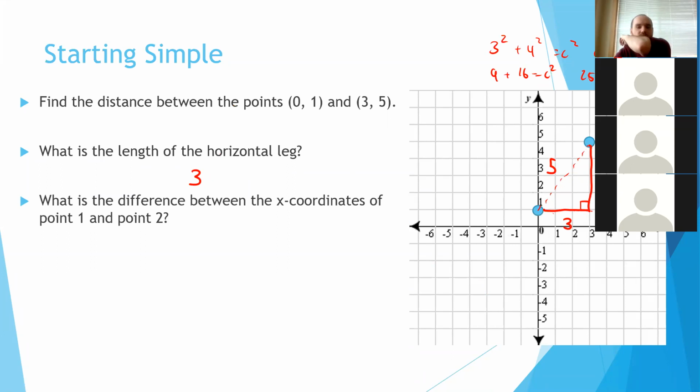Here's another question. What is the difference between the x-coordinates of point 1 and point 2? So first of all, what's the x-coordinate for point 2? If we call this point 2.